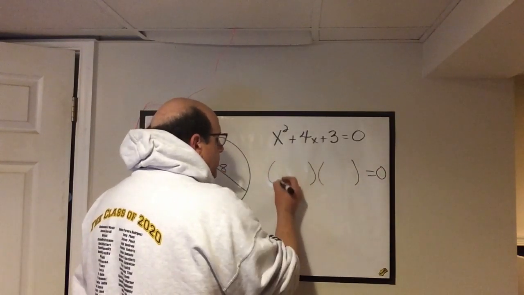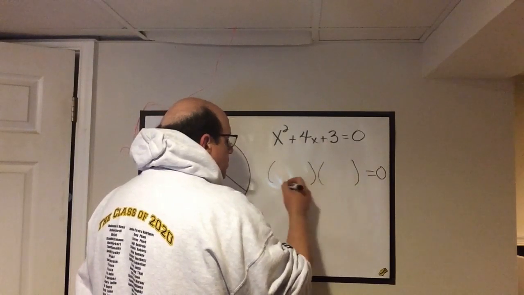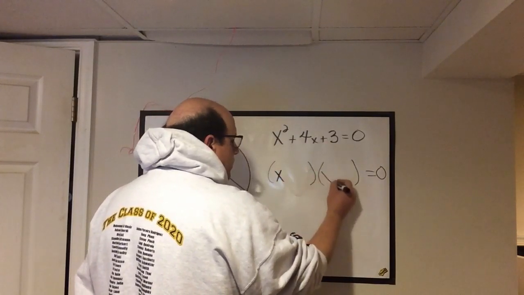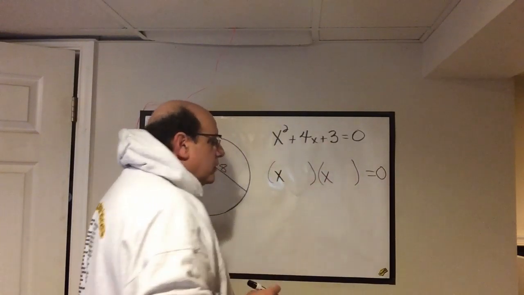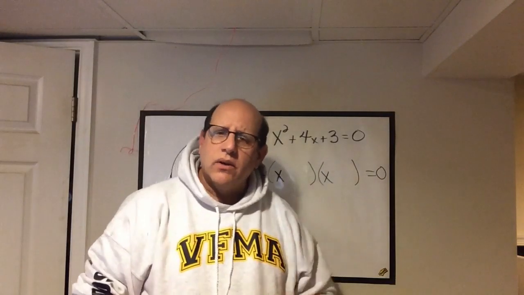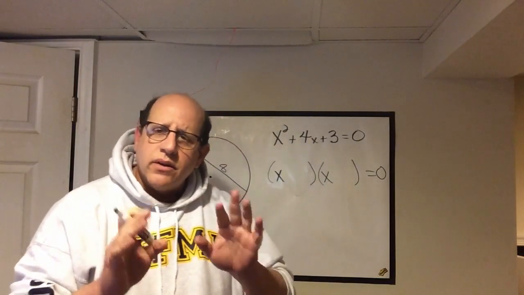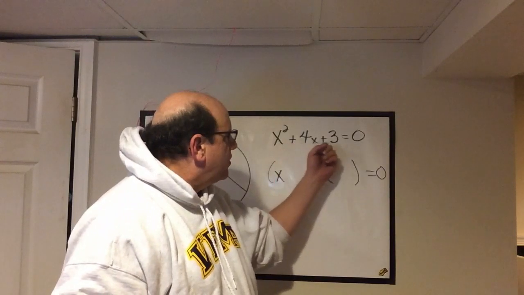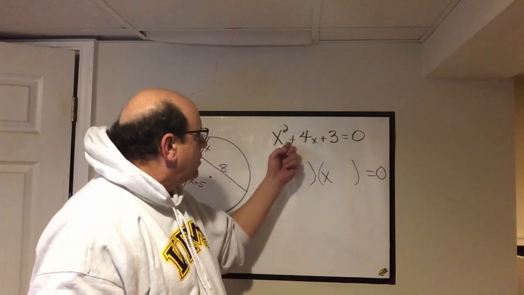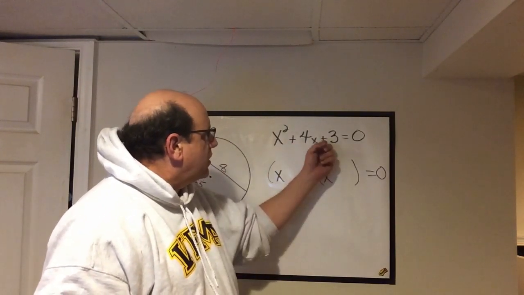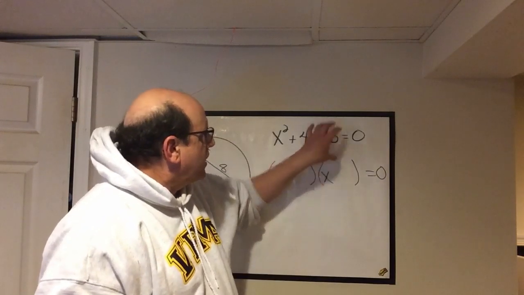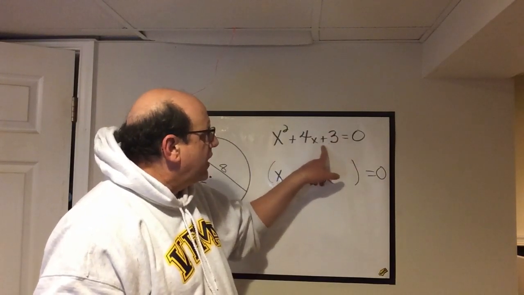And you know that the first term in both of these, when we FOIL, remember FOIL, had to be x, okay? And then you take a look at the operation symbols inside. So your next step is to look at the last term. Is it positive or is it negative?